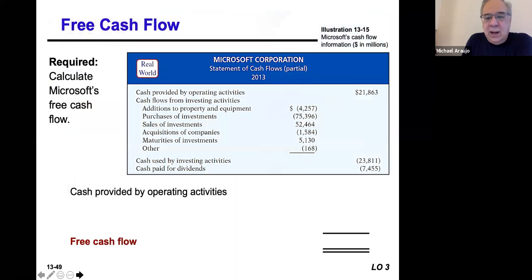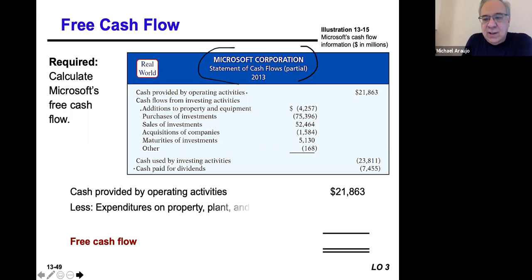Here is a look at Microsoft's partial cash flow statement. Here you have the cash provided by operating activities. Here you have some additions, and you have dividends down here. So how it plays out is you start with the 21,008 in cash provided by operating activities.